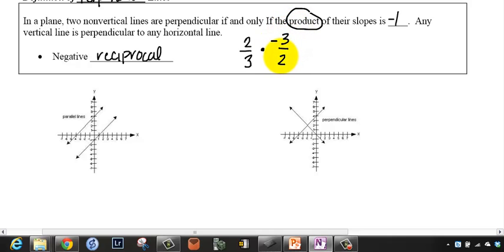So if I took 2/3 and I wanted to check to see if -3/2 is the perpendicular slope to it, meaning that the line with slope -3/2 meets at a 90-degree angle to this line that has a slope of 2/3, the product should come out to be -1, and that's what we're going to do. So we multiply fractions, multiply numerators, multiply denominators. So 2 times -3 is -6, and 2 times 3 is 6. And you can see that that's going to simplify down to -1.